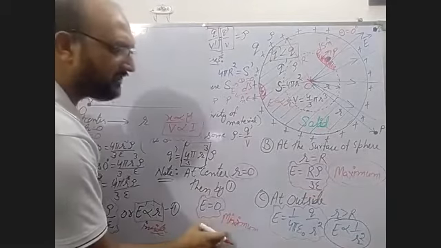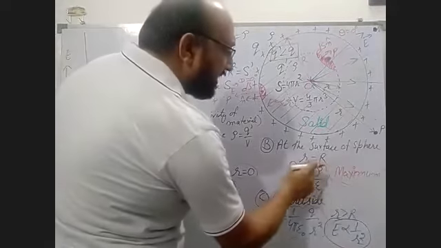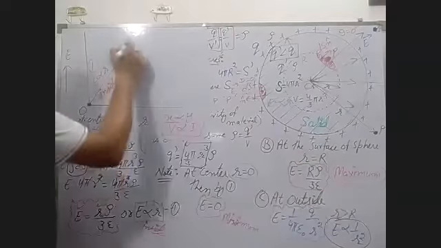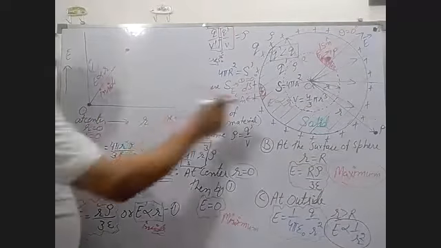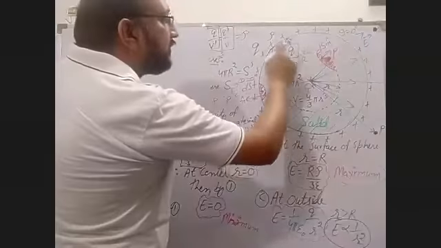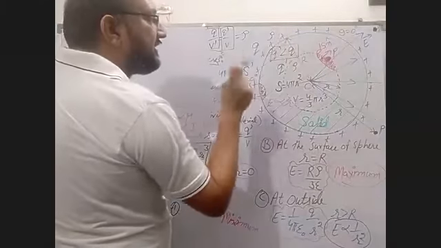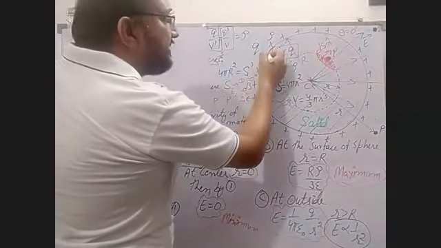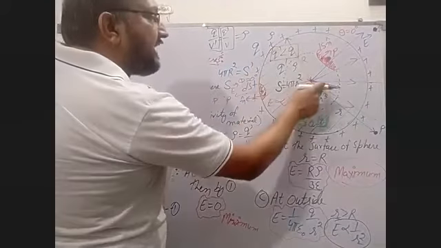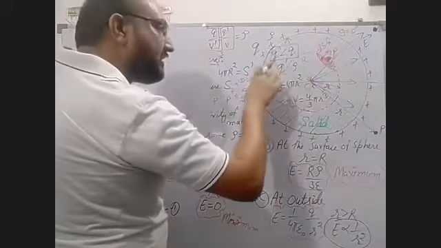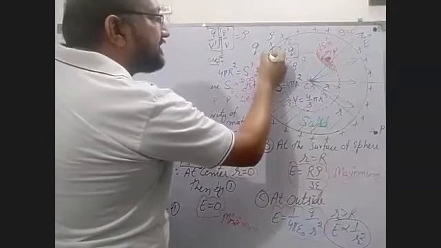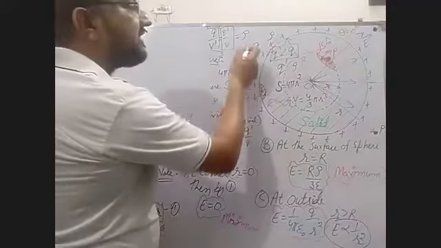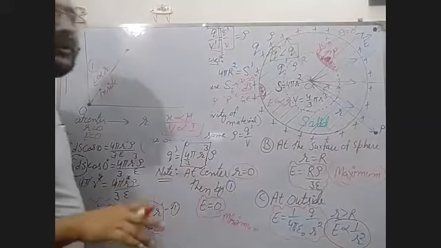At the surface, r is equal to capital R, and the value is maximum, because as r goes on increasing, E also increases. At the surface you can take the maximum value, because after that the value of electric field goes on decreasing.